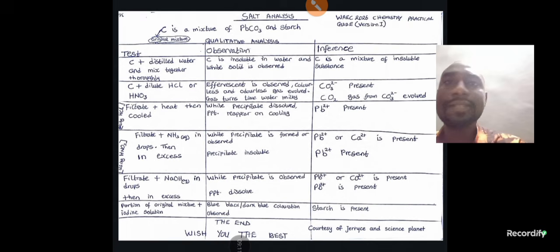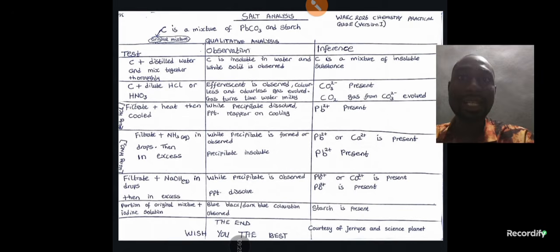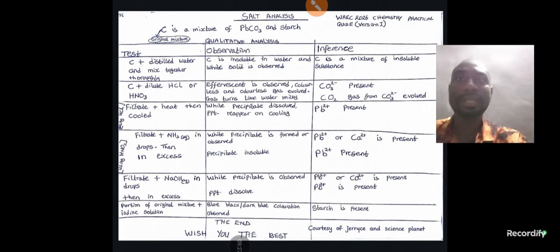Now let's test for our starch. WAEC will ask you to get your sample C, that is the original mixture. I'm not talking about the filtrate, the one you added either your HNO3 or your HCl. No, the original, the first mixture, that's your mixture of sample C and water only. So WAEC will ask you to add your iodine solution.